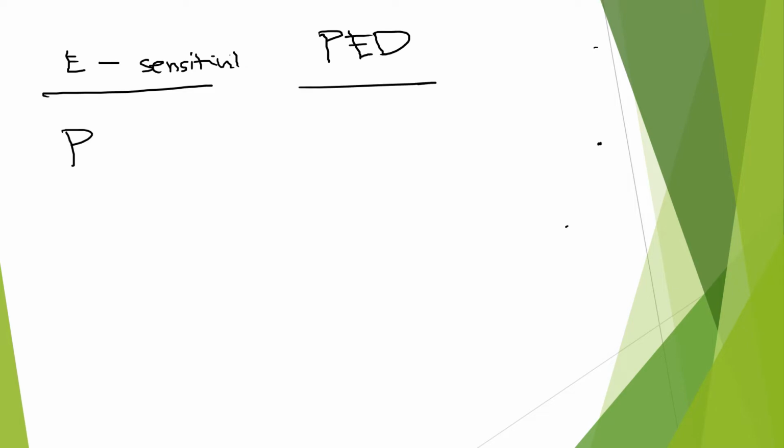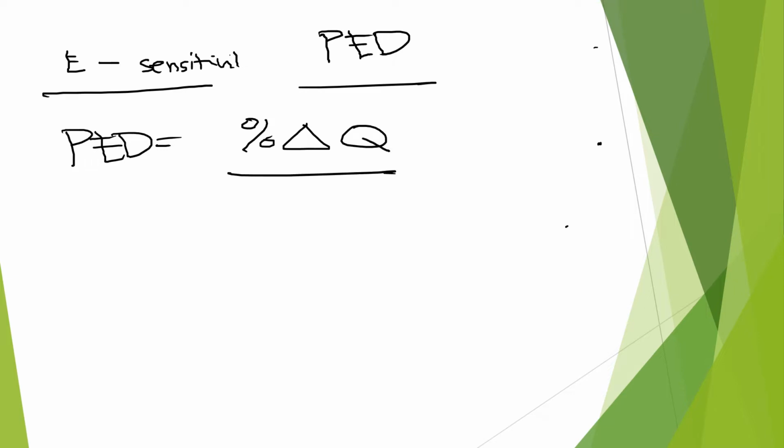Now, the general formula is actually percentage change in one variable, the one that is dependent, let's say quantity, over the percentage change in the other variable, which is the independent variable. In this case, if it's PED, it is price.